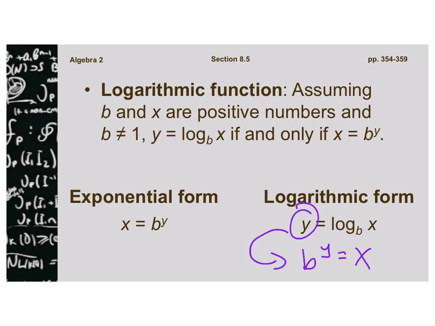That's how that works. b to the y is equal to x. You can write it from an exponential form: log base b, in this case b is my base, of x is equal to y, because the answer to a logarithm is always the exponent.